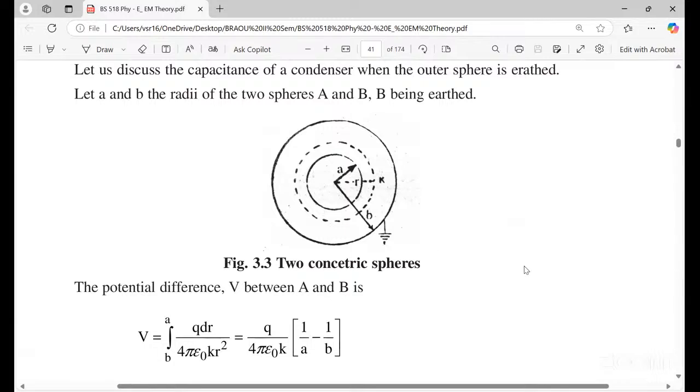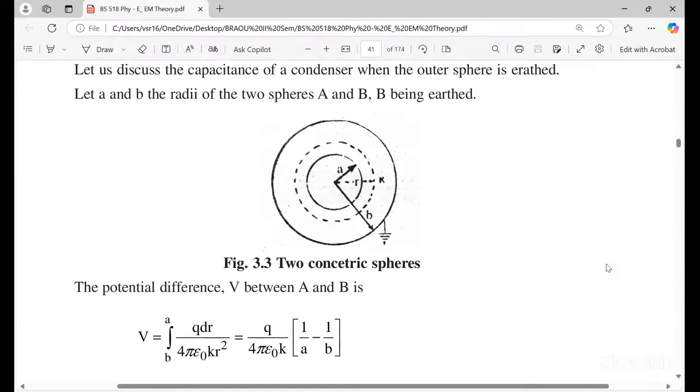So here, what is the potential difference between these two? If you want to calculate the potential difference between these two, again you need to imagine another concentric sphere, shown here by dotted lines.